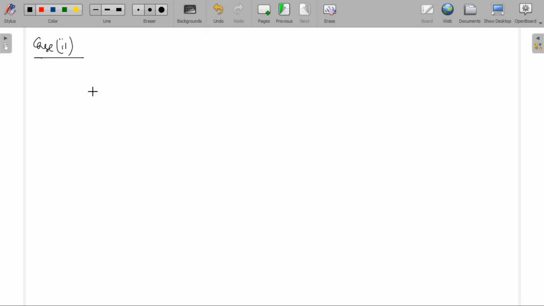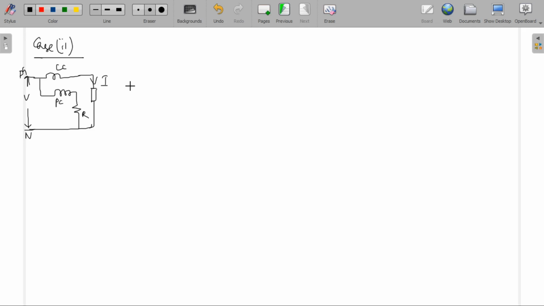Now you're going to have the circuit diagram for the dynamometer wattmeter: current coil, pressure coil, R is the resistance in the CC, and the load.